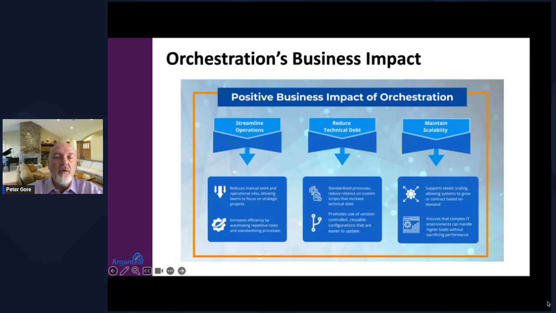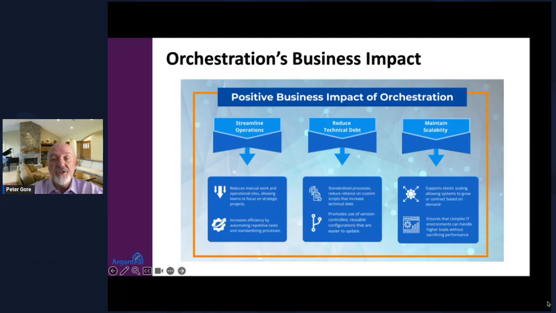Business impacts, there's always positive impacts to orchestration, right? Streamlining of operations, which we've already talked about. How many of you have technical debt inside your organization? Think about that for a second and think about how can I possibly reduce that technical debt? Well, you can look at standardization of processes. You can look at creating scripts for your environment that can be leveraged in infrastructure as code.